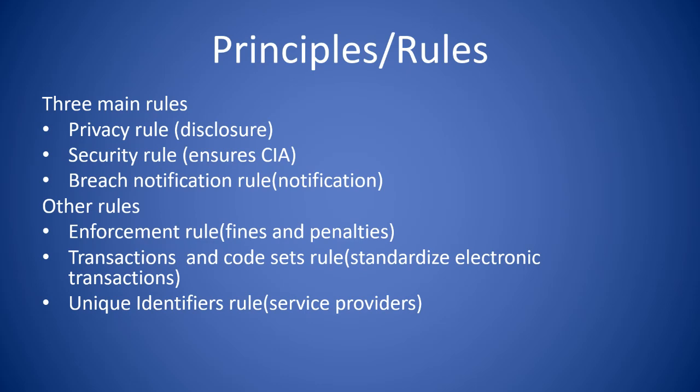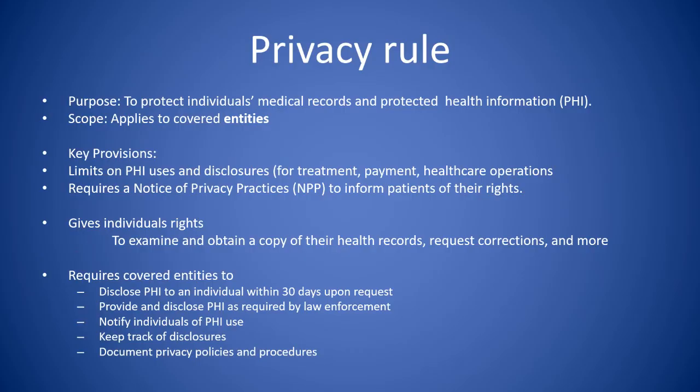So the privacy rule, the purpose is to protect medical records and information, which is also called protected health information. Many people confuse PHI with personal health information. It's not personal health information, it is protected health information. The scope applies to covered entities. We all know by now what entities are. What are the provisions?